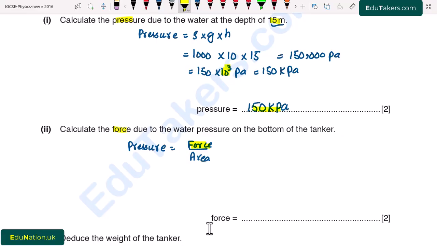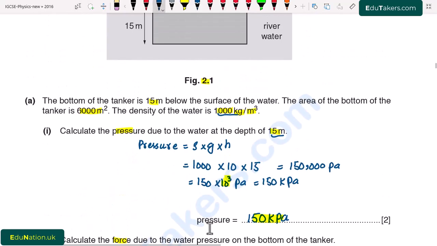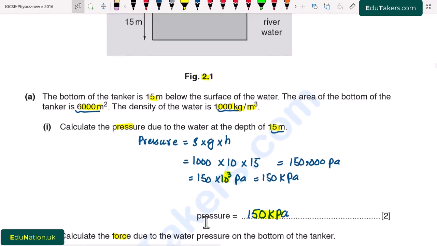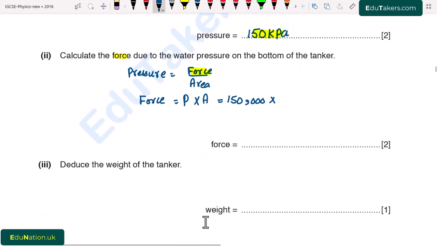It is equal to 150 kilopascal. So I write here force is equal to pressure multiplied by area. The value of pressure is 150,000 multiplied by area. Here it is given that the area of the bottom of tanker is 6000 meters square. So I write here 6000.